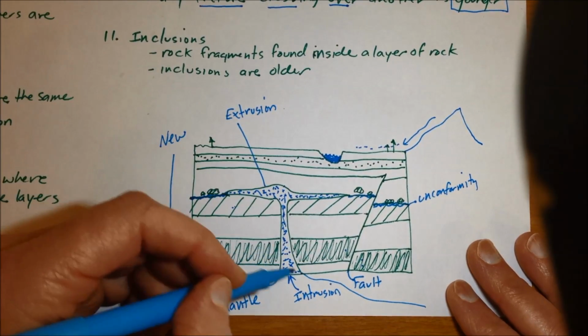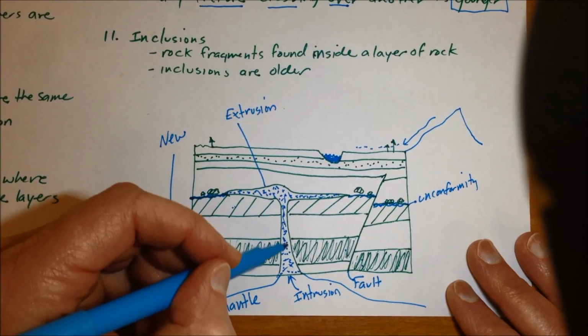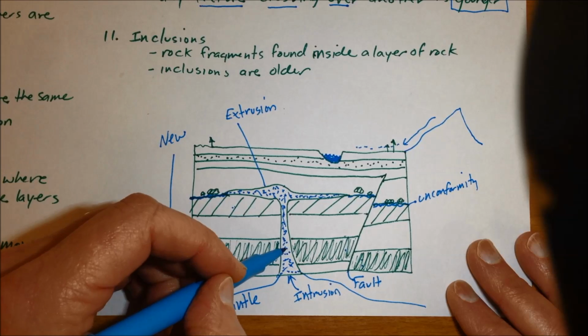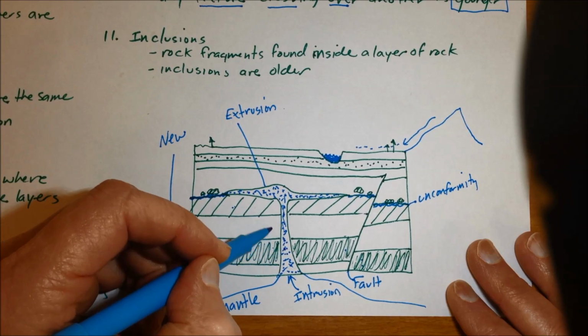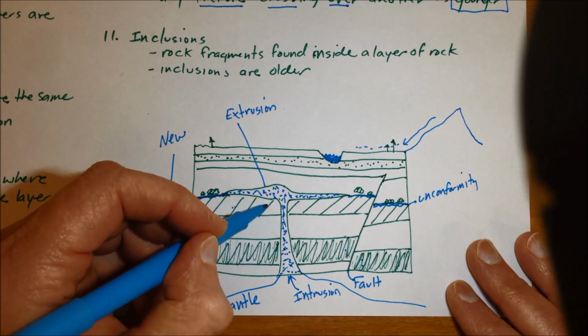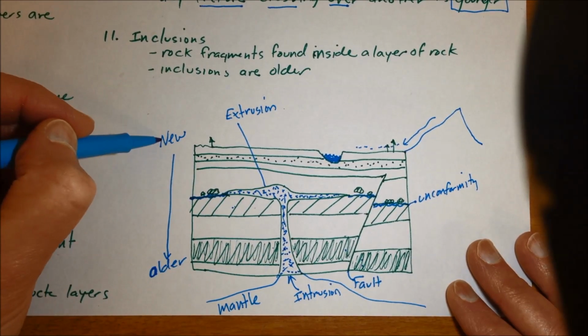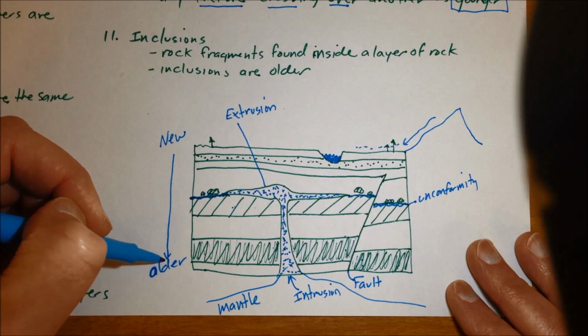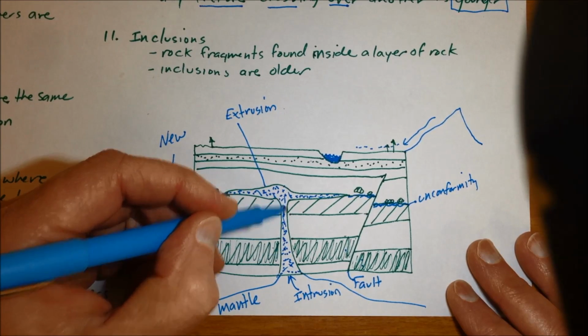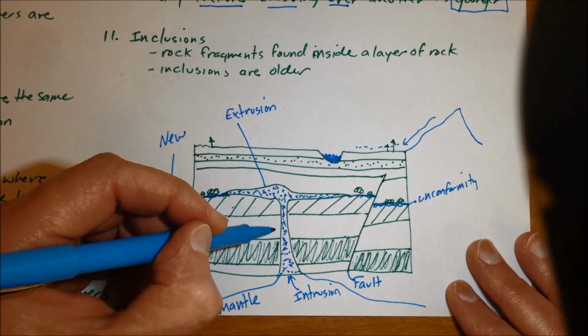In this cross-section here, this intrusion is an example of the principle of cross-cutting relationships. I'd say that it is younger than these layers that it actually melted through, because in order for it to melt through the layers, these layers had to be there. So when we're trying to figure out what's newer and what's older in a cross-section, understanding that if one thing crosses over something else, it has to be younger than the things it crosses.